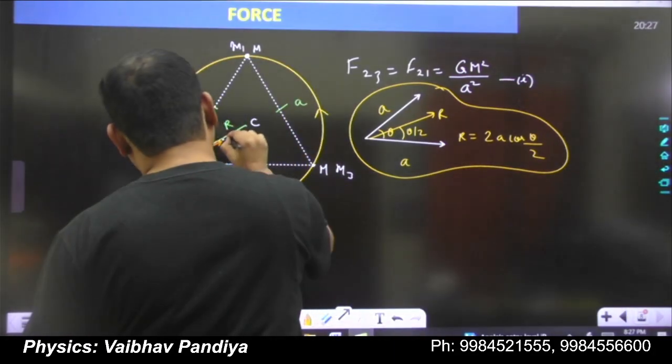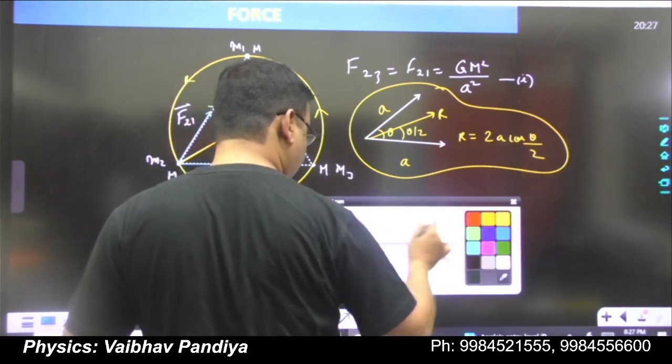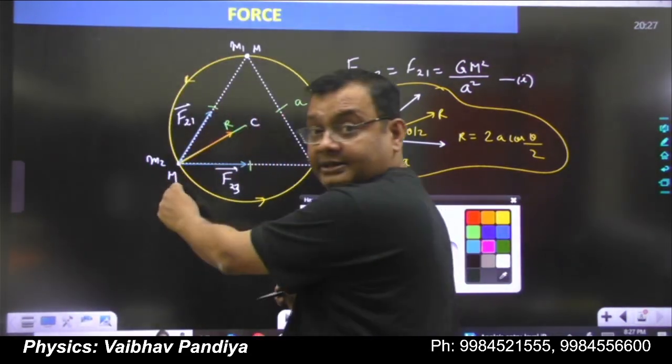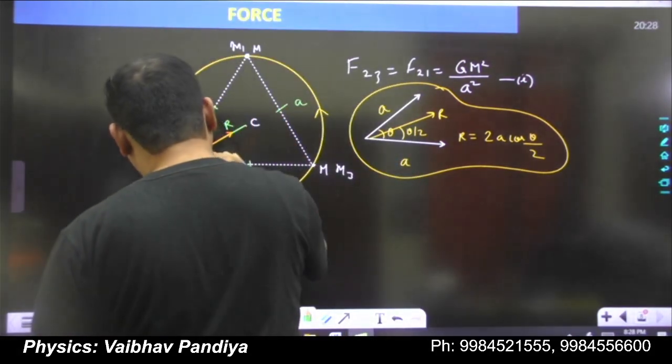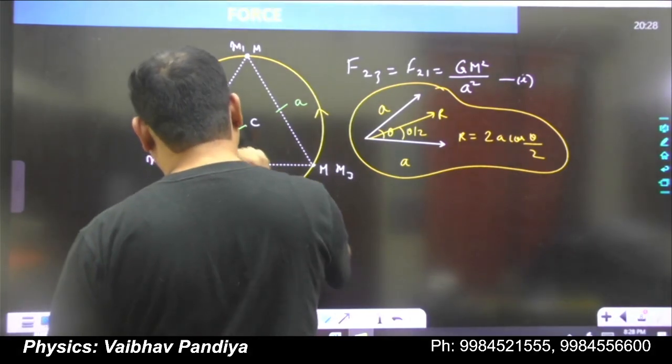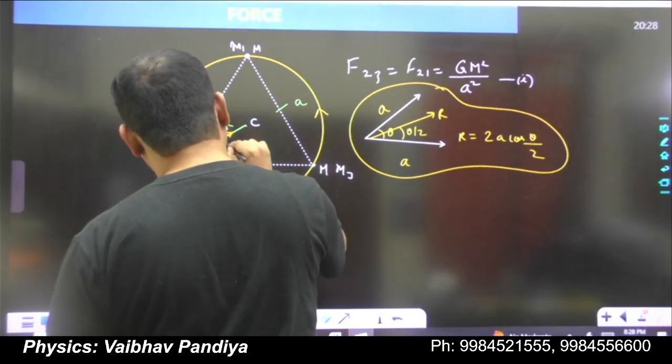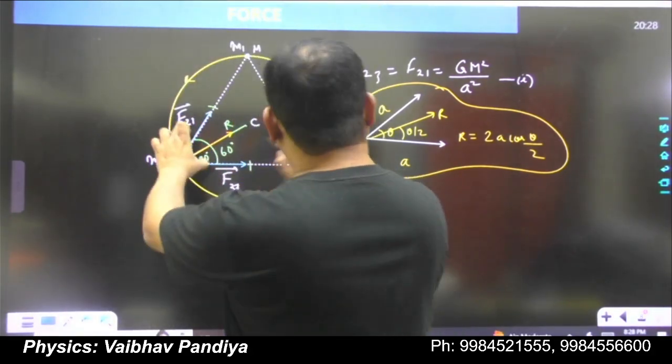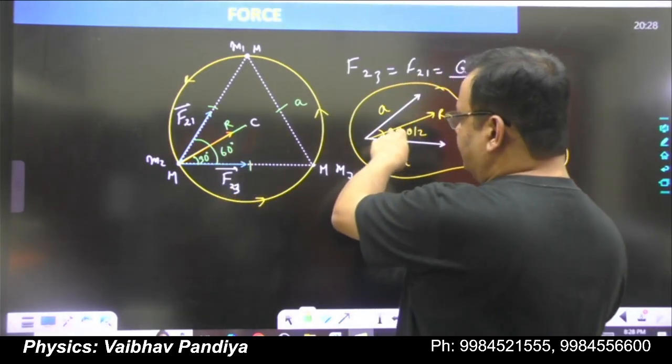Because you see the line joining the vertex and the center would be making 30 degrees with this line, and the whole angle will be 60 degrees, and both the forces have the same magnitude, so you can apply this fundamental.